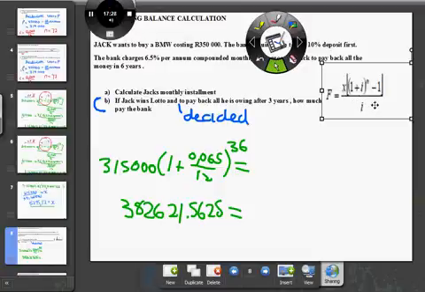This is called the future value. So you take all his installments and you cater for the interest that the installments were getting from the bank, and you add them all up, and you get that amount in the form of the future value.